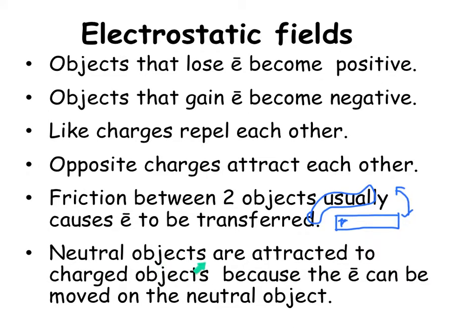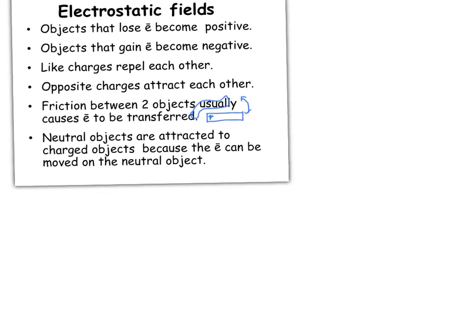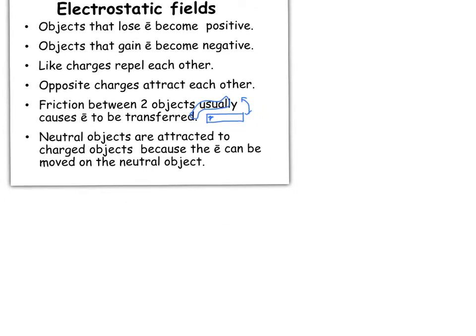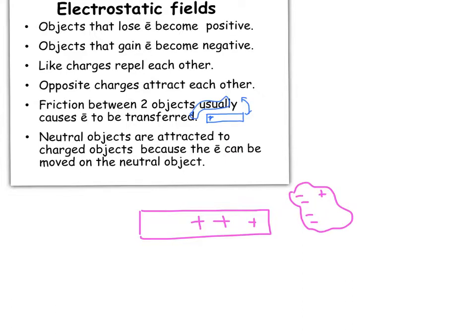Neutral objects are attracted to charged objects because the electrons can be moved on the neutral object. Let me just show you an example of that quickly. So if I have got, for example, a positively charged rod over here, and I have got a little piece of tissue paper over here that's neutral, what will happen is it will almost create a dipole. The electrons on this piece of tissue paper will be attracted to the left.